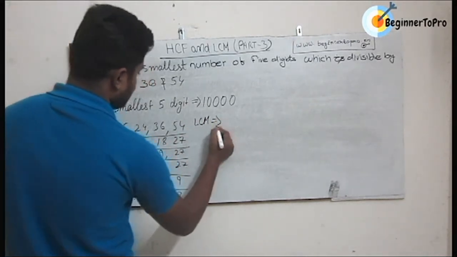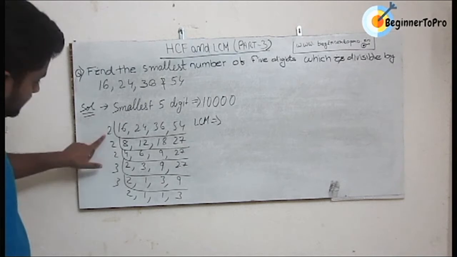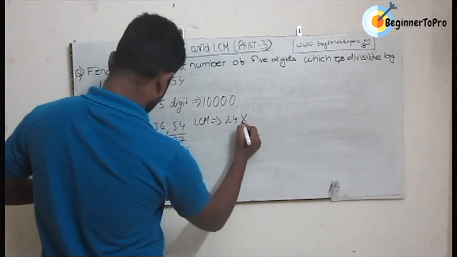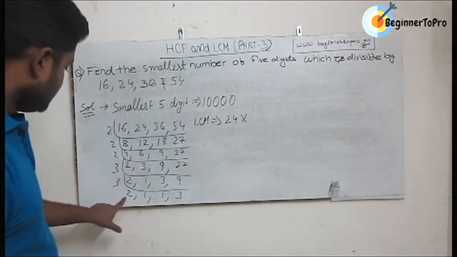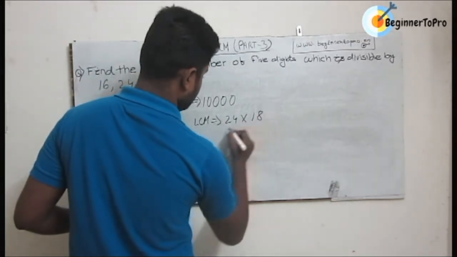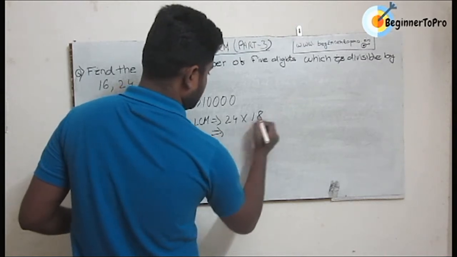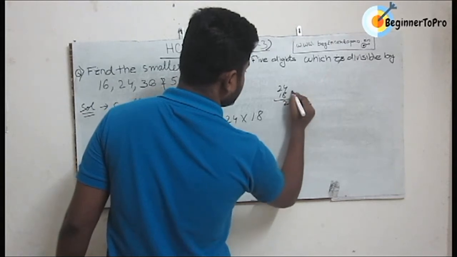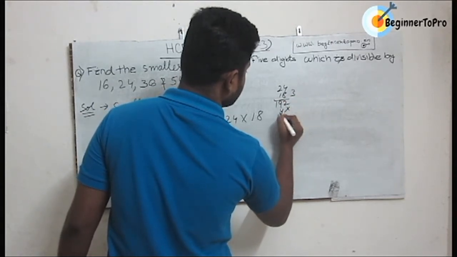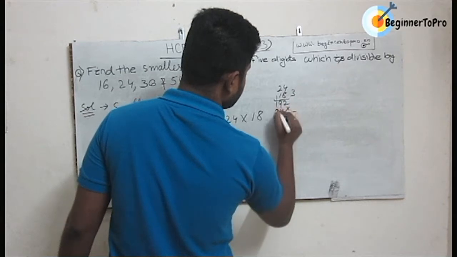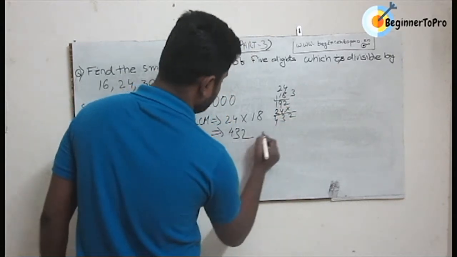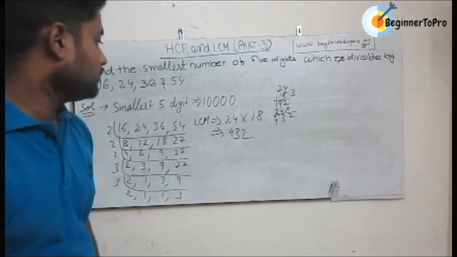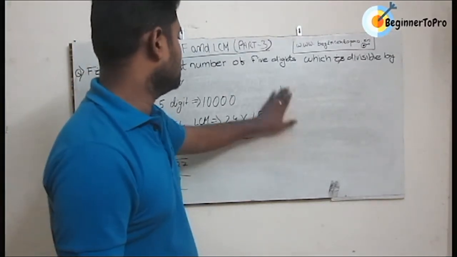The LCM will be 2 into 2, 4, 8, 24, into 3, 2 threes are 6, 3 sixes are 18. So what will be the result? 432. So the LCM of 16, 24, 36 and 54 will be 432.